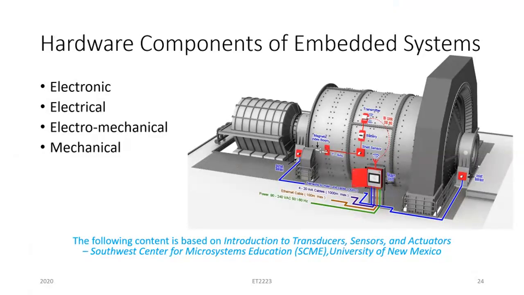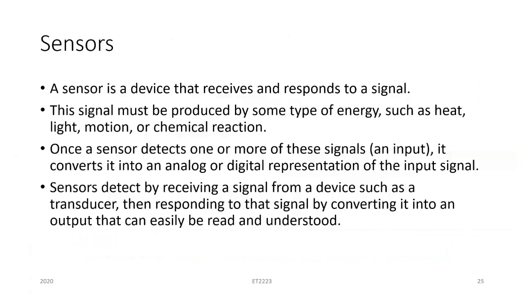So depending on what we are trying to do with these systems, depending on the type of embedded system, the nature of the system it is trying to control, we may have different types of interfacing components. But we can broadly categorize these components into a number of groups.